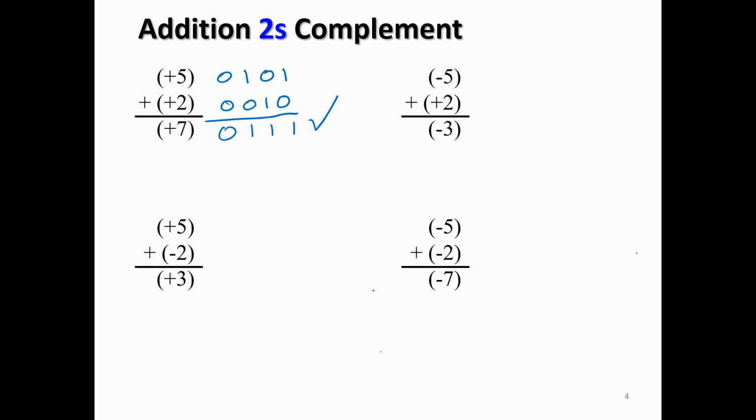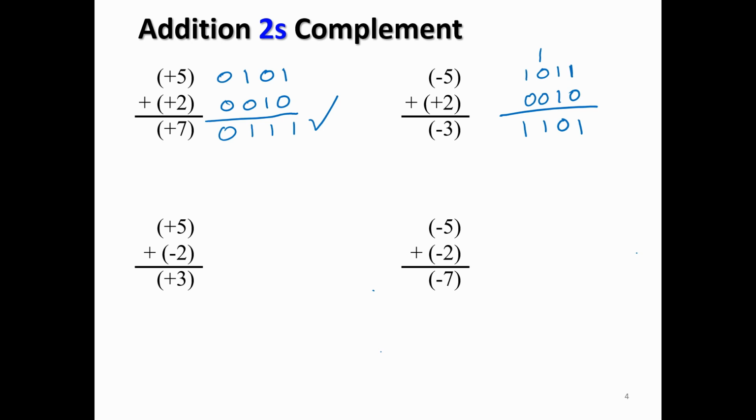In previous videos, you have learned how to represent a negative 5 in two's complement. We start from the right to the left, we copy up to the first one, and then we invert all of the rest. Positive 2, 0010, and then we add: 1, 0, carry 1, 1, and 1.